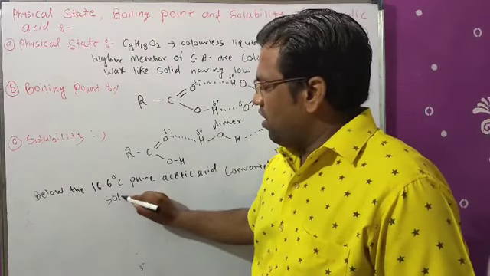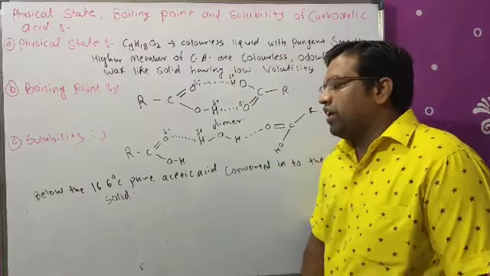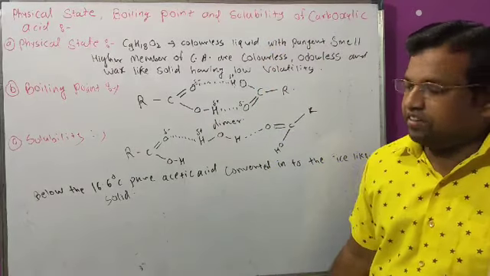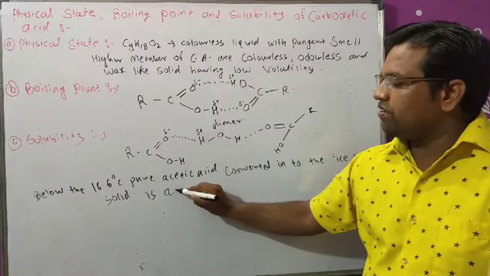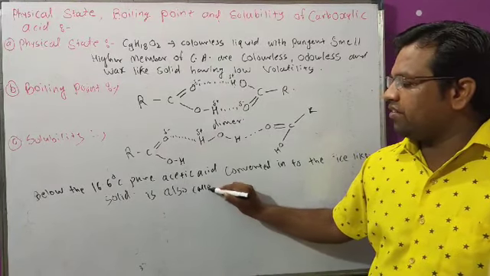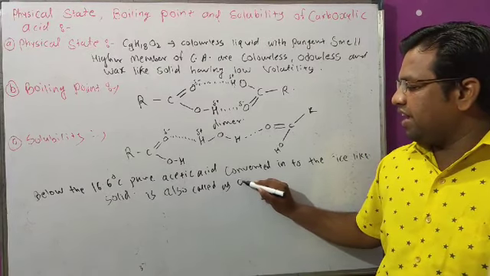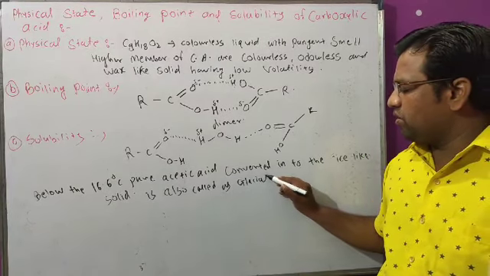Okay, ice like solid. Therefore at 16.6 degree Celsius the pure acetic acid is also called glacial acetic acid.